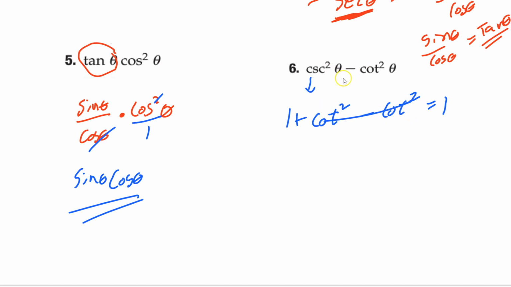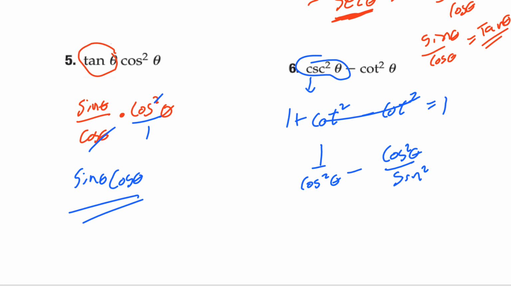Now let's say you didn't know those rules very well. Well, we could do my third hint: change everything to sine and cosine. Cosecant is 1 over sine, and tan is sine over cosine, so cotan is cosine over sine. So again, this is a shortcut way, and this is a long way.